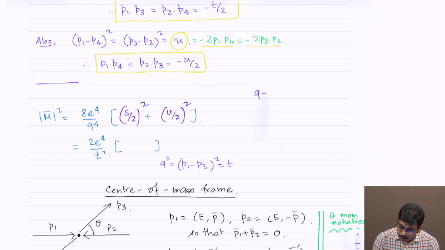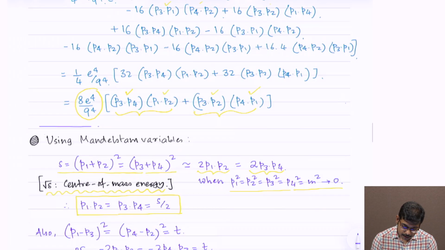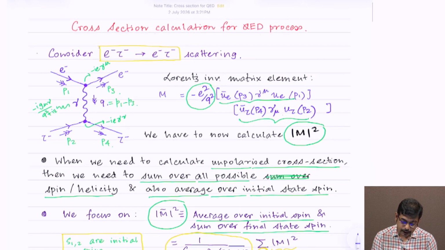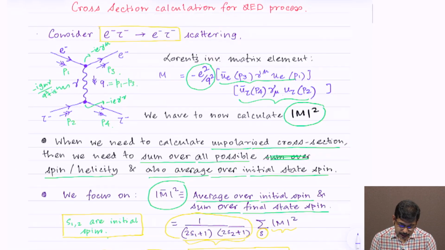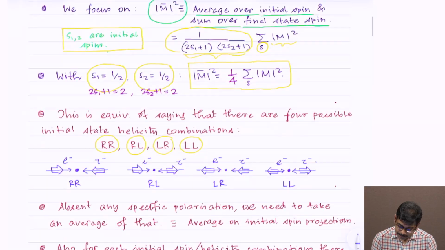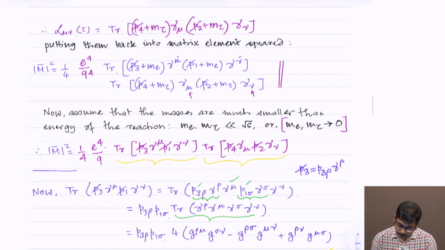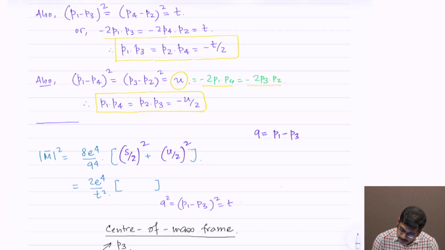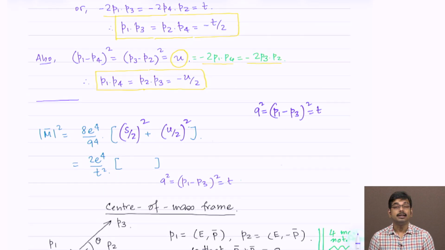Also you remember what was your Q? Q is the momentum which is carried by the mediator or the propagator photon, right, and that was P1 minus P3. So Q square, which is actually (P1 minus P3) whole square, that is nothing but T. So Q to the power 4 is nothing but T square.